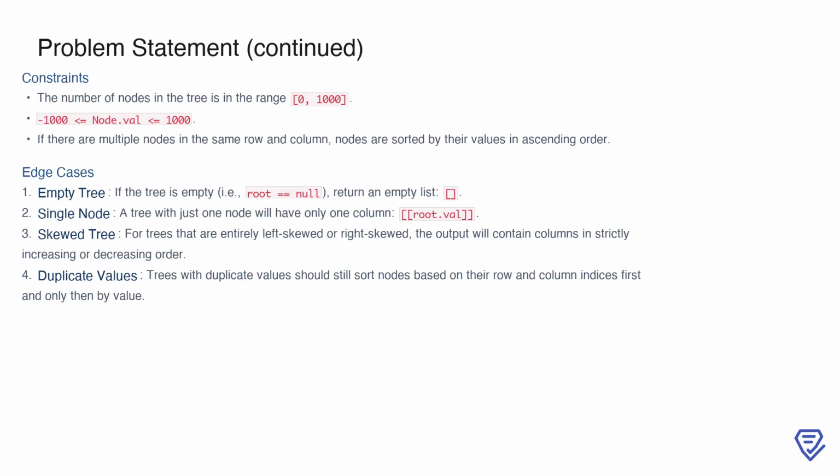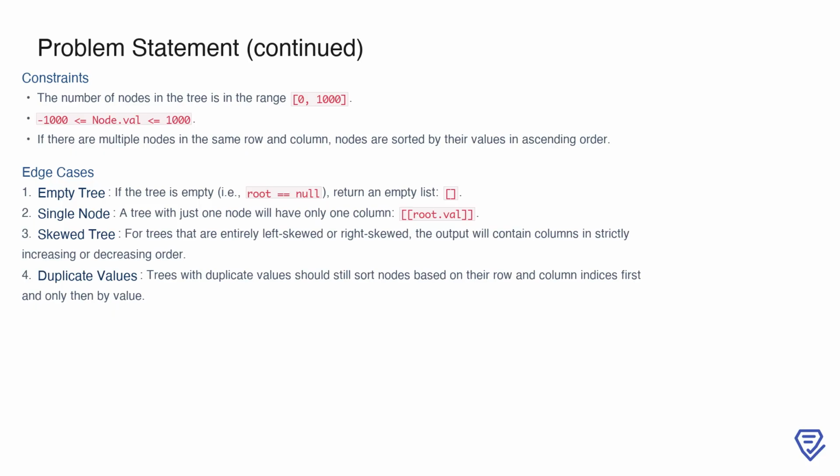Finally, let's discuss the constraints and some key edge cases. The number of nodes in the tree is guaranteed to be between 0 and 1,000, and the value of each node is an integer between -1,000 and 1,000. If the tree is empty, meaning the root is null, the output should simply be an empty list. For a tree with a single node, there will only be one column containing the root's value.